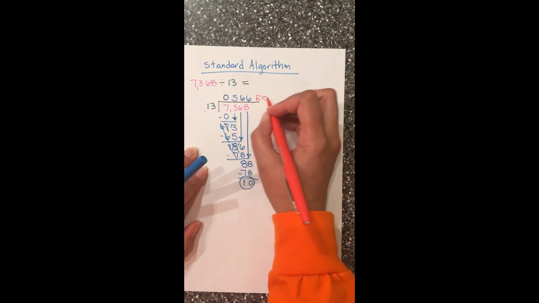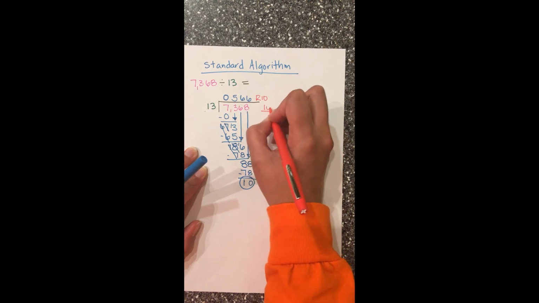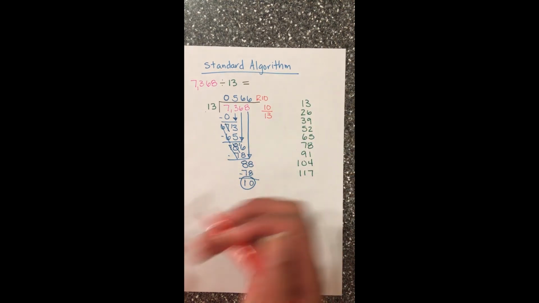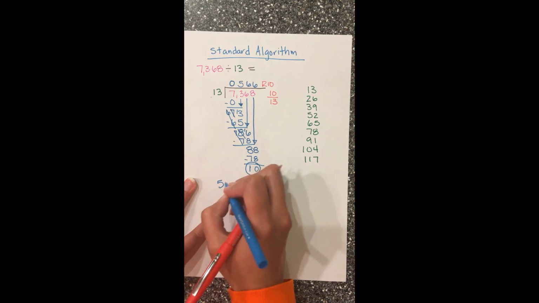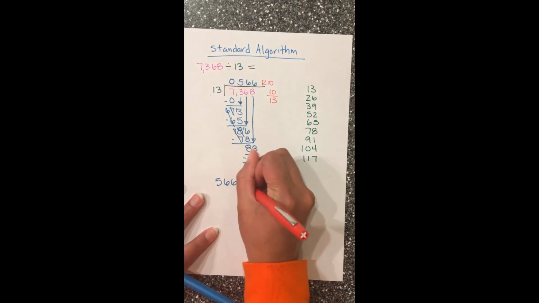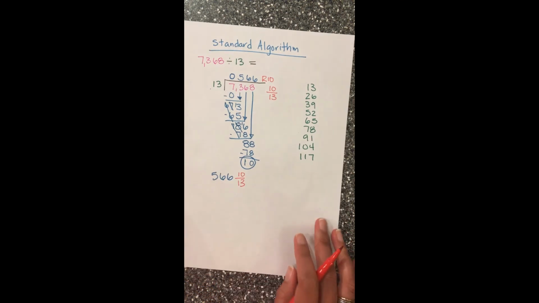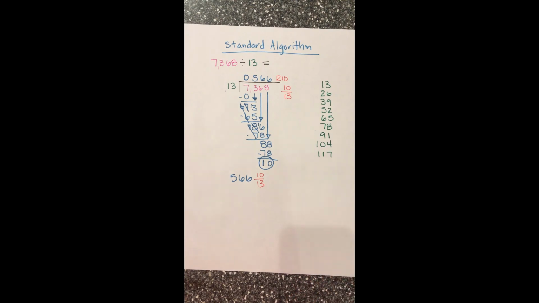And so what that means is that we have 10 pieces left over, so we didn't make a whole group. We can go 10 over 13. So our answer can actually look like 566 with 10 over 13, not making another whole, which would make this 567. So that is how you do the standard algorithm.